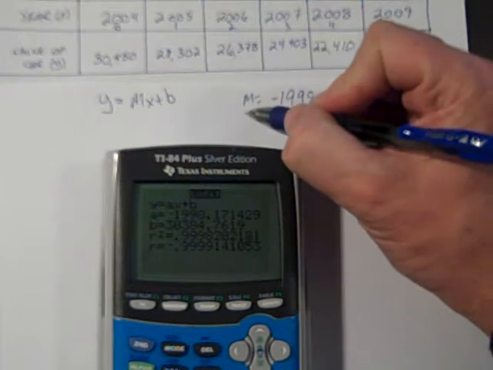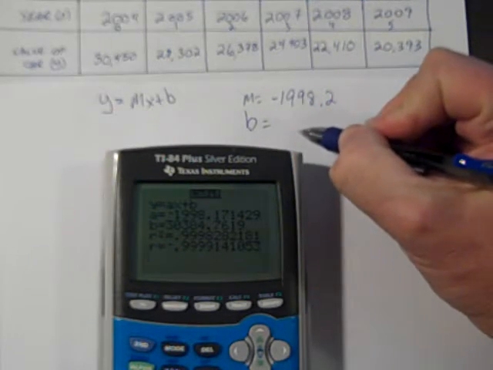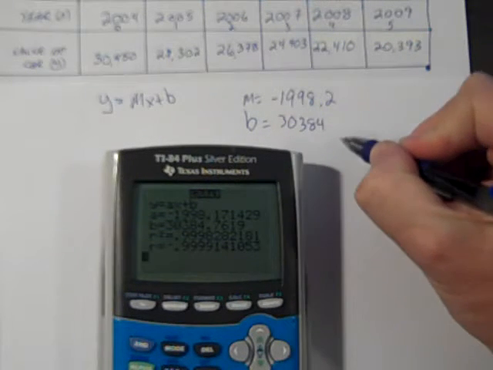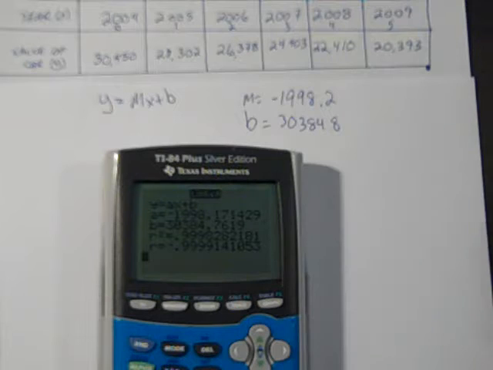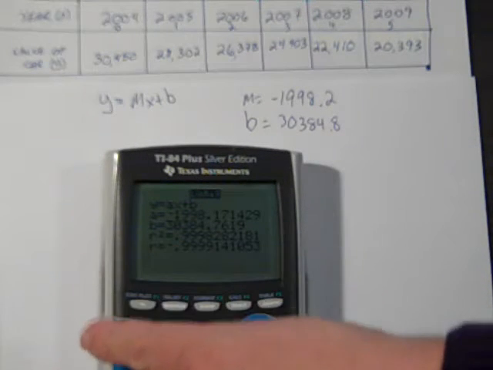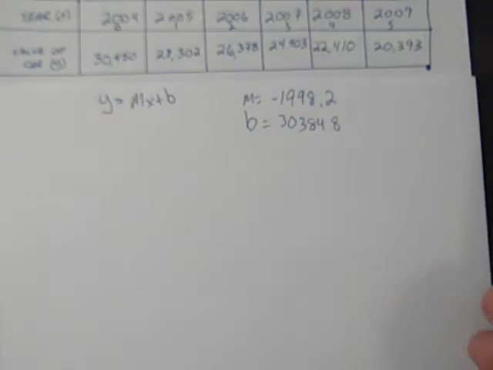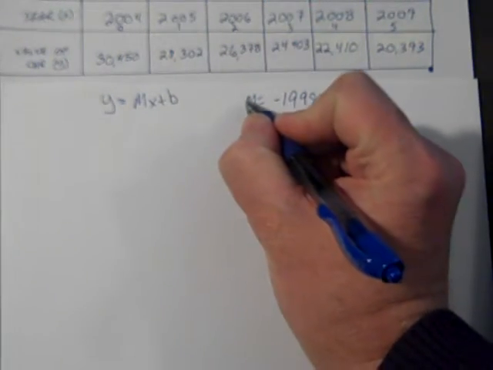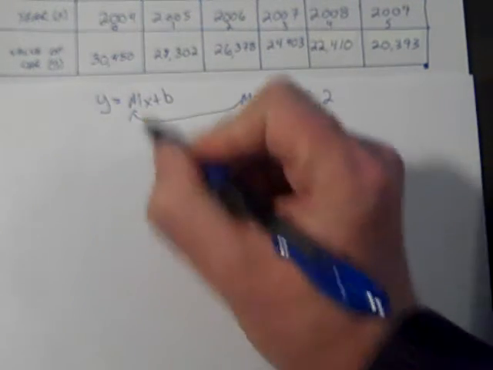B in this case, B equals 30,384.8. Again, I'm rounding to the nearest tenth. So now that I've got this information, I can write my equation. I know what m is, so I'm going to take that and plug it in right here for m.